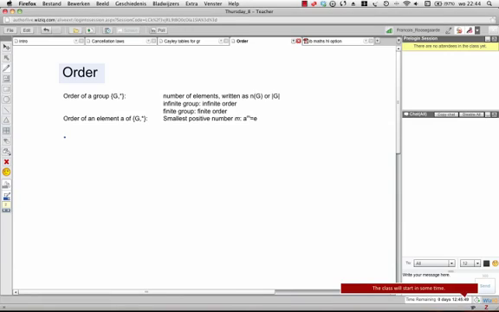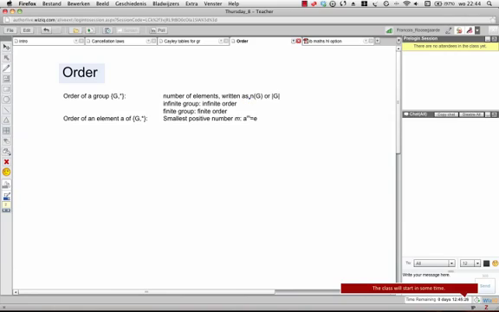Now, the last thing I would like to mention here is another definition about groups, which is the order of the groups and the order of the element. What do we mean by that? Well, the order of a group G, star is simply the number of elements.